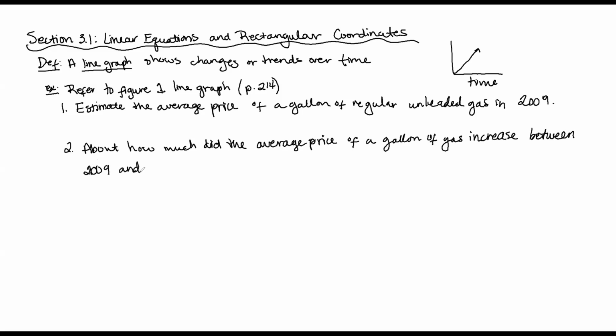And since these ones say estimate and about, there's going to be more than one correct answer. And if you see questions like this on the homework, there's usually a range of values that they accept. So as long as you're close, you'll be fine. So let me go ahead and switch over to the textbook.